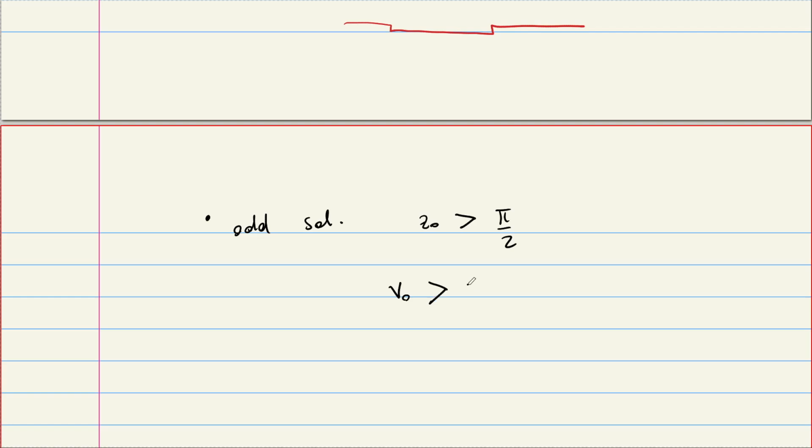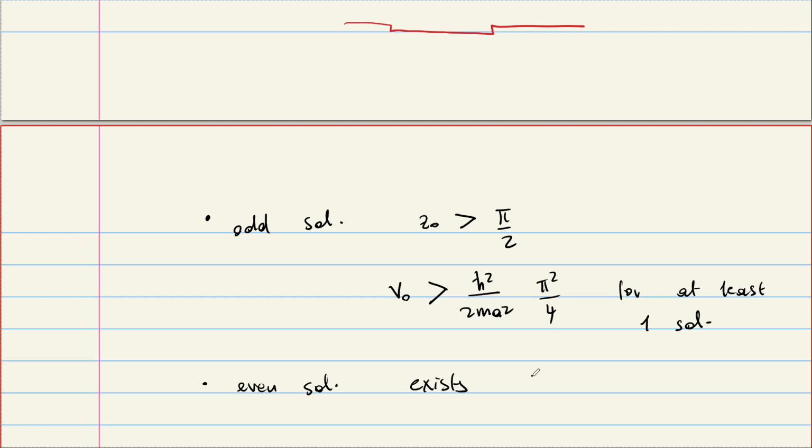V0 should be bigger than h bar squared over 2m a squared times pi squared over 4 for at least one odd solution, whereas at least one even solution exists as V0 over h bar squared over 2m a squared goes to 0. Okay, this is a famous result.